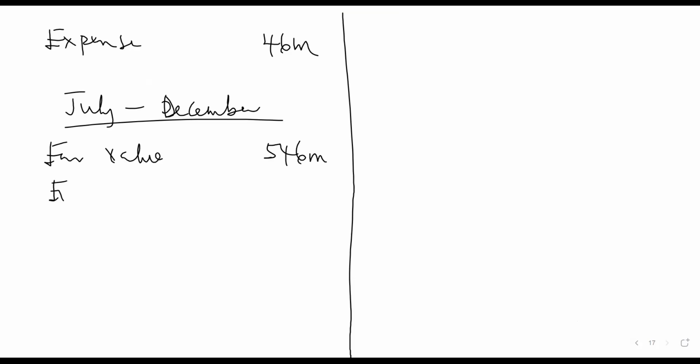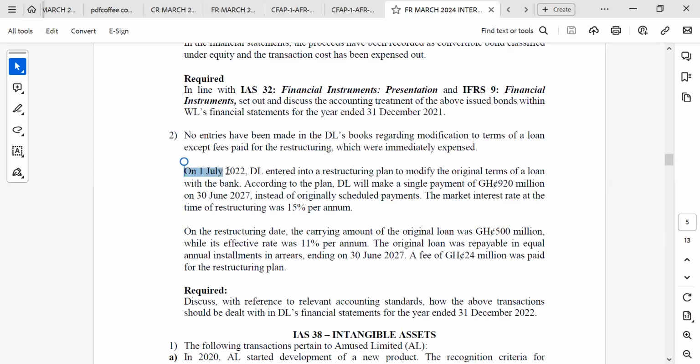We will charge a finance cost, which will be 0.11 times 546 times 6 over 12. Why is it 6 over 12? The modification was done on 1st July, and we are preparing the statement for 31 December.